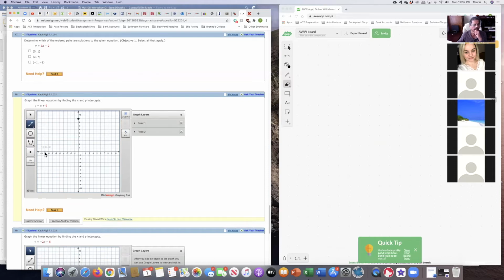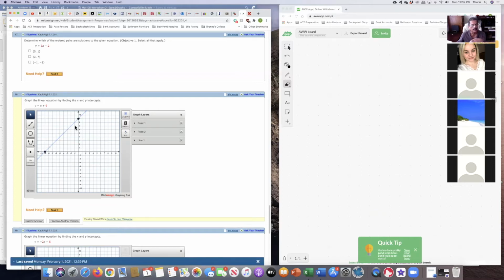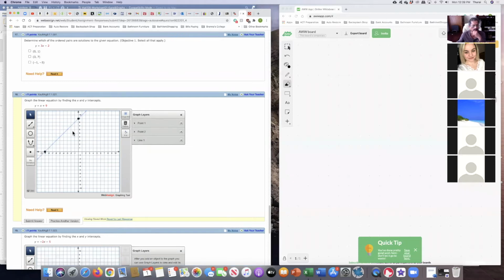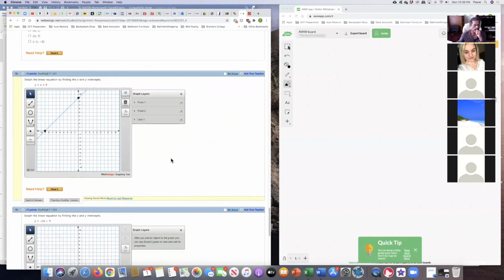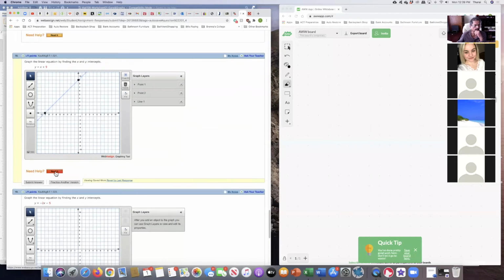And then if you click at one of the points and then go to the other point, click at the other point, the line will join the 2 points. So you click at the first point, even though you marked them already, you still have to click at the first point and then click at the second point, it'll join them by the line. And so you can still read it.